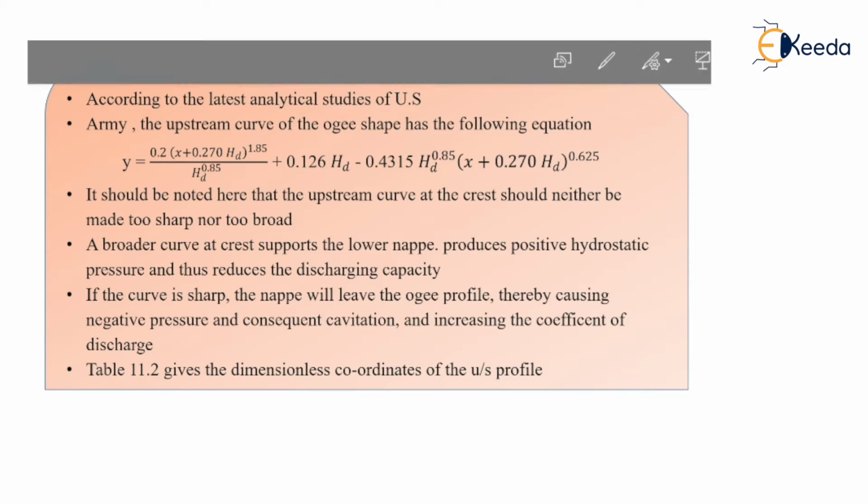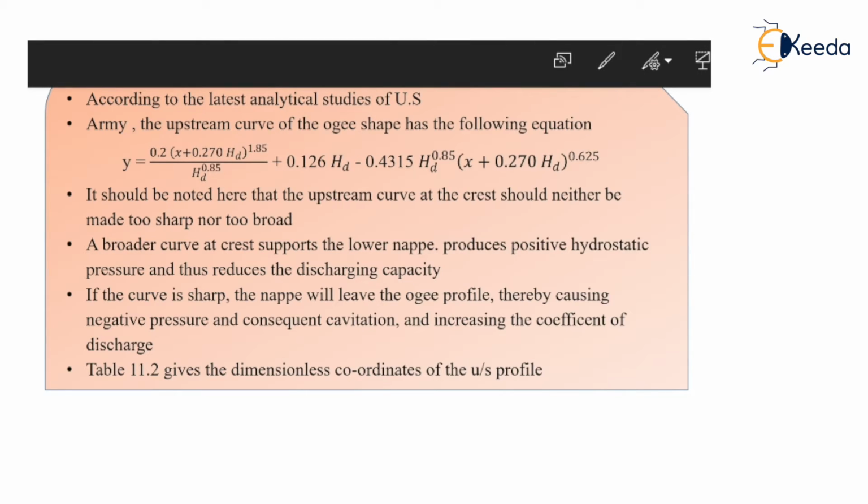So here, according to the latest analytical studies of the United States Army Corps, the upstream profile of the Ogee Spillway can be designed by using this equation. This is the major and bigger equation that will be adopted for designing the upstream part of your Ogee Spillway. Here you have the equation, you have the value of xd.